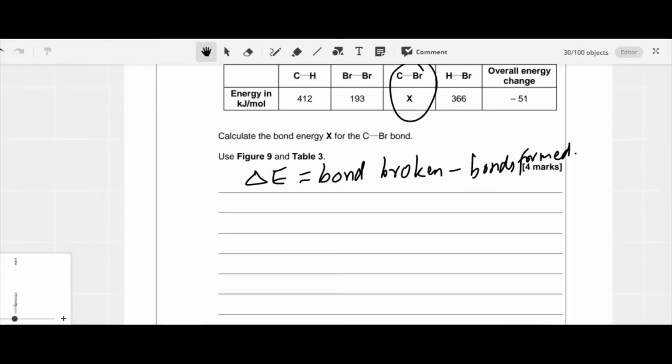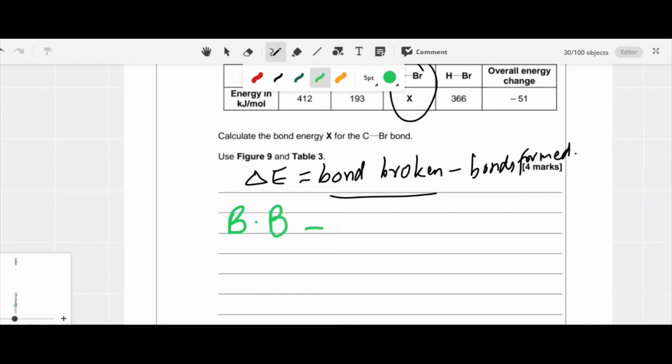First of all, we need to find the bonds broken energy, which I am going to write as B.B.